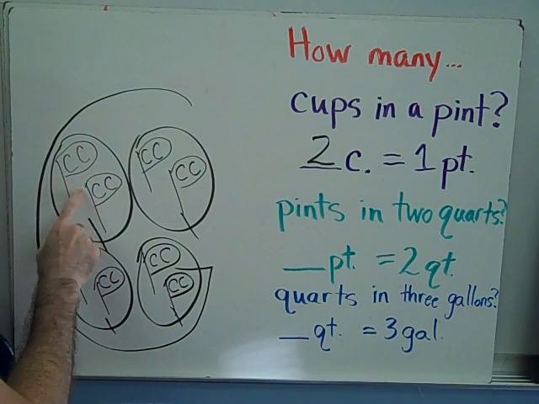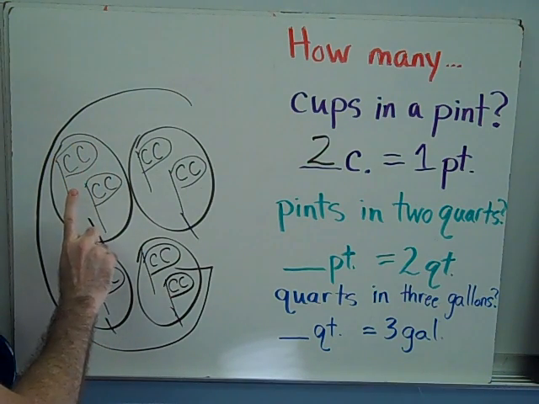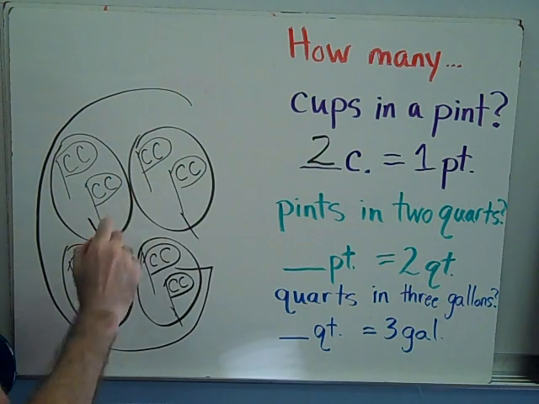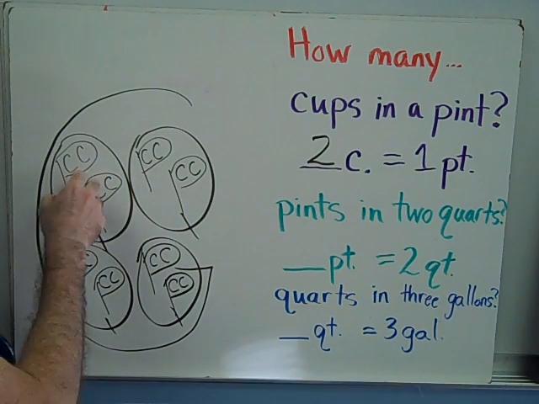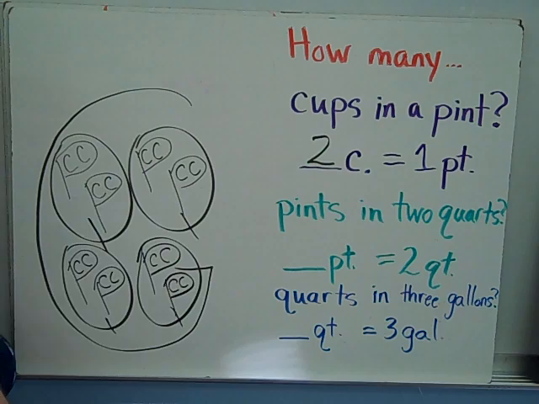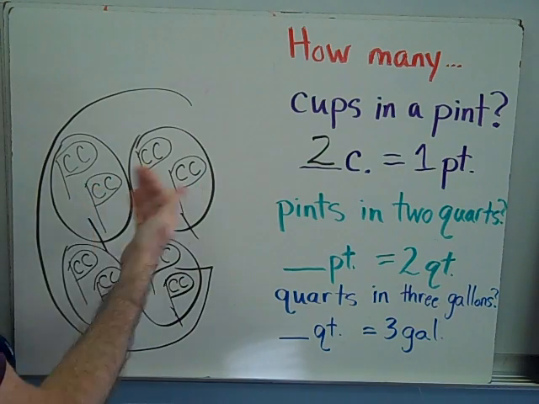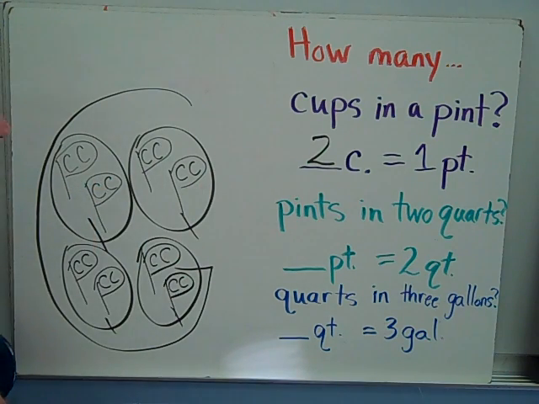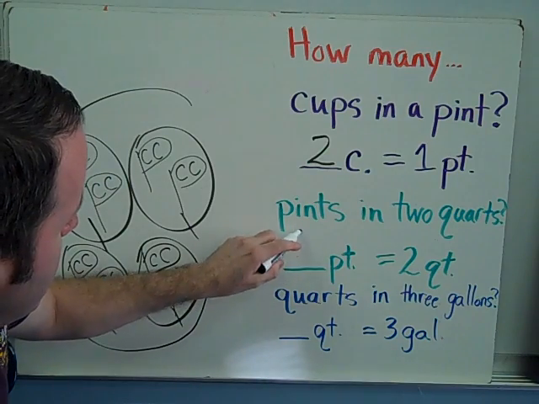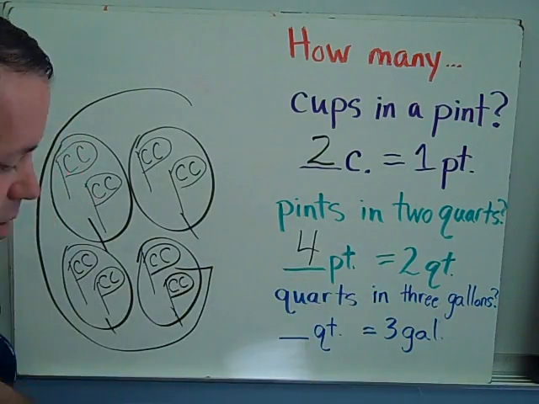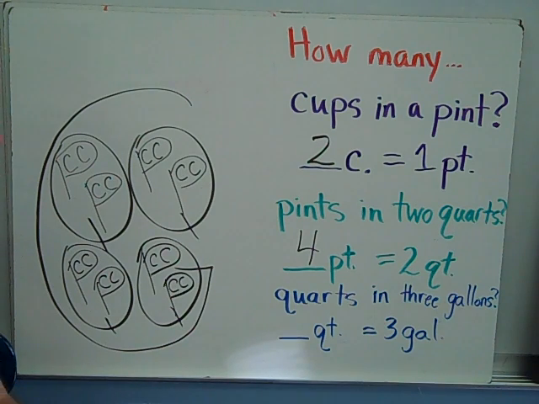So there are 2 pints in 1 quart and 2 pints in a 2nd quart. So I have 2, 4, right? Or 2 pints times 2 equal groups gives me 4. So there are 4 pints in 2 quarts. So 4 pints is the same value as 2 quarts.